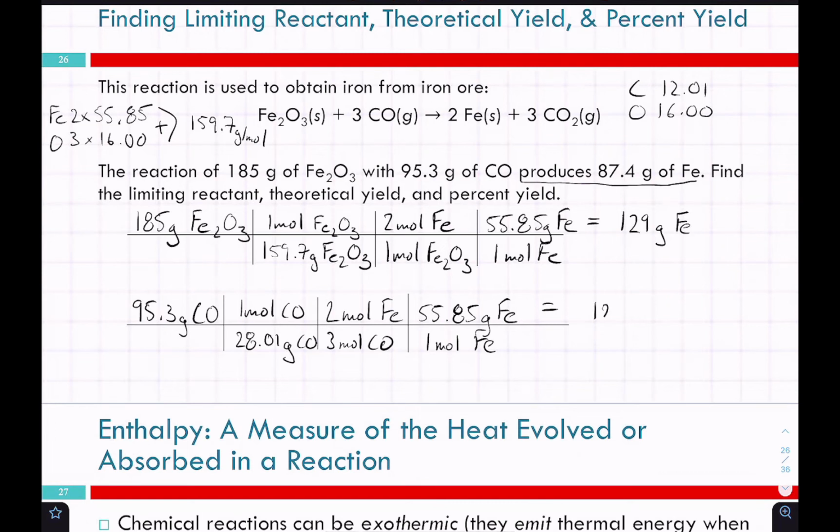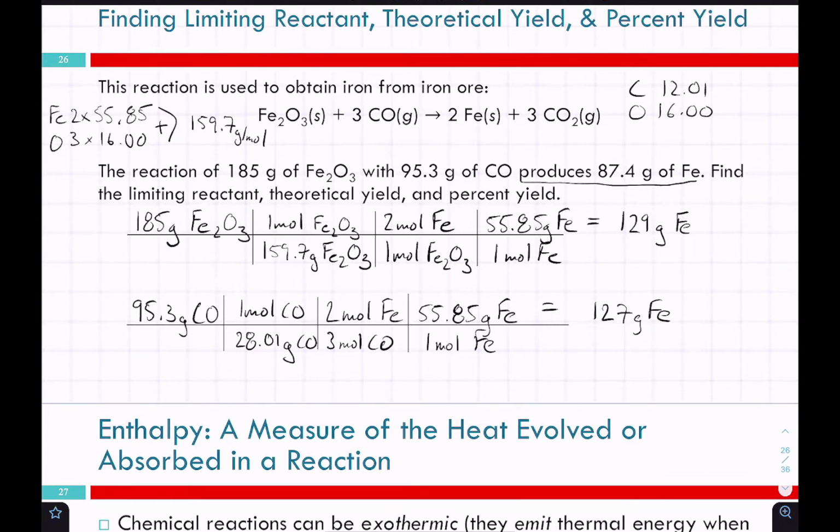This is 127 grams of iron. So what is our limiting reactant? Carbon monoxide.